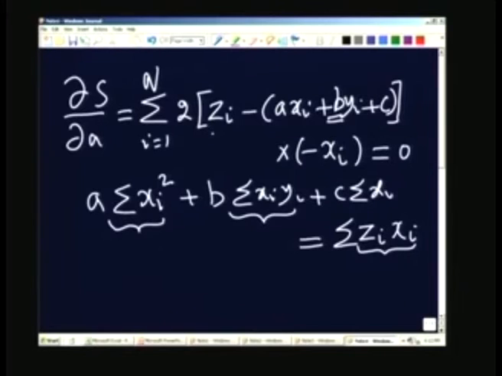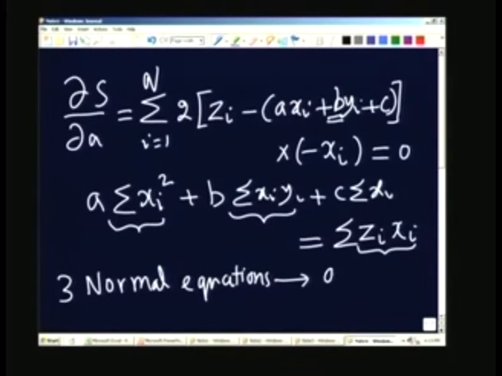So, it will be just a sigma x i plus b sigma y i plus c times n, the number of data, equal to sigma z i. So, three normal equations are written down and solved to get a, b and c.